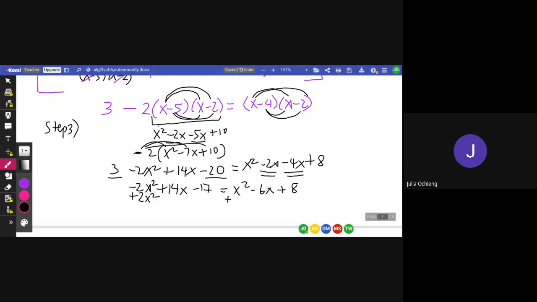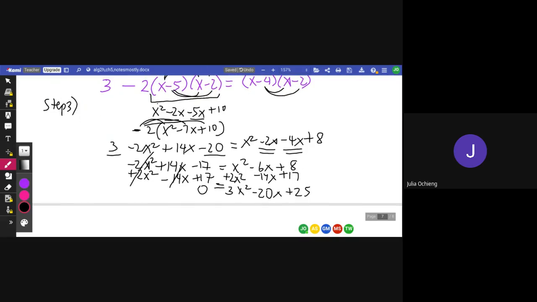You can do it either way, guys, but I'm just going to do it this way because I like having a positive first term. So that's going to become 3x squared, and that's going to cancel out. Subtract 14x. I'm trying to get a 0 on this side, by the way. So I'm getting rid of the 2x squared, so I'm getting rid of the 14x. So that's going to be minus 20x, and I'm going to get rid of the 17. So I have to add 17, and that's going to be plus 25 equals 0.